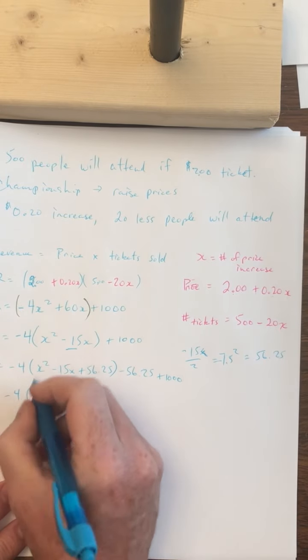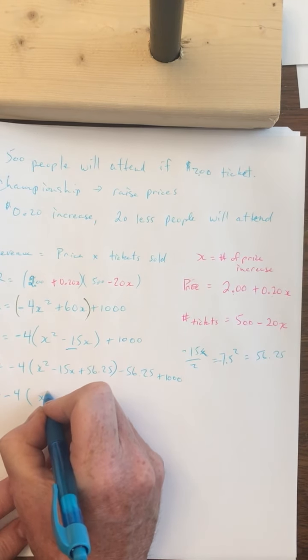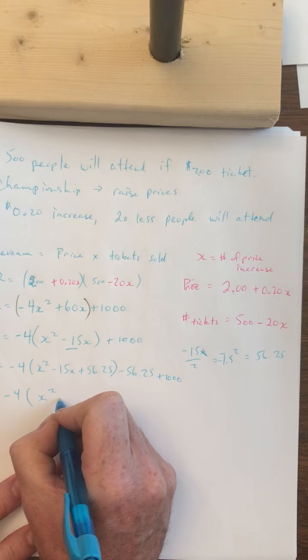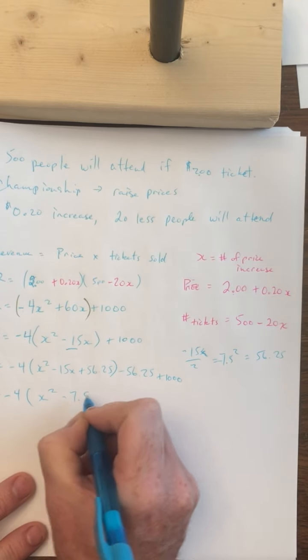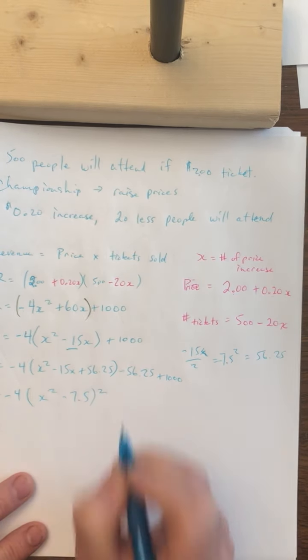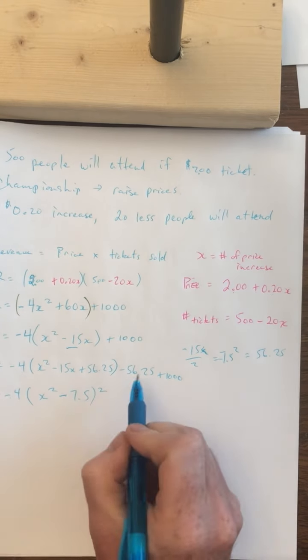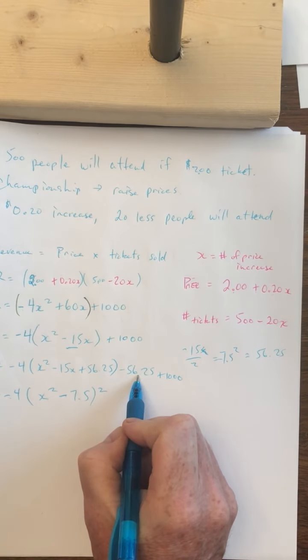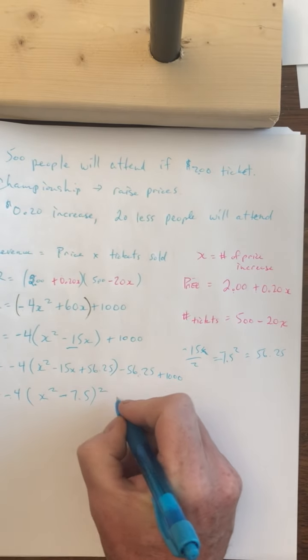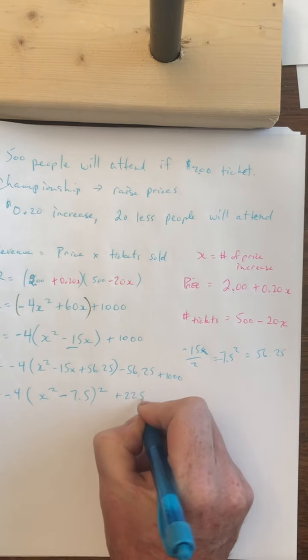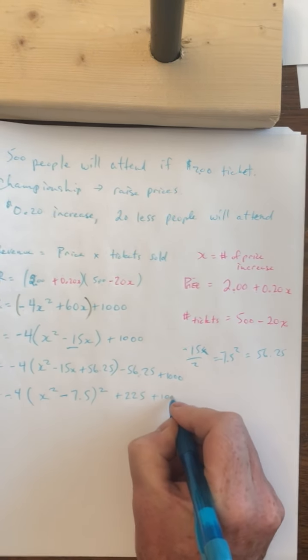If I factor this out, we get this. Negative 4 times negative 56.25 gives me a plus 225. Carry down the 1,000.